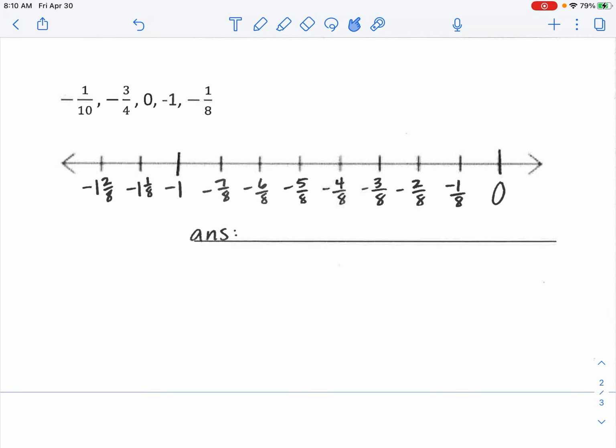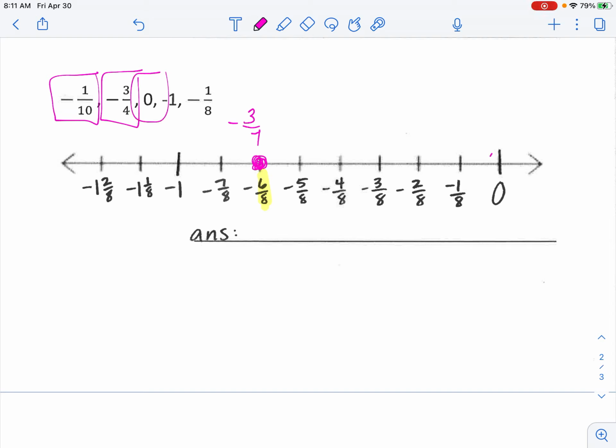Last one. All right, so first I see negative 1/10. Now I don't see negative 1/10 on my number line, so I'm going to skip that one just for a second. Let's look at negative 3/4. I don't see negative 3/4, but I do see negative 6/8, which is equivalent to negative 3/4. So that point would go here.